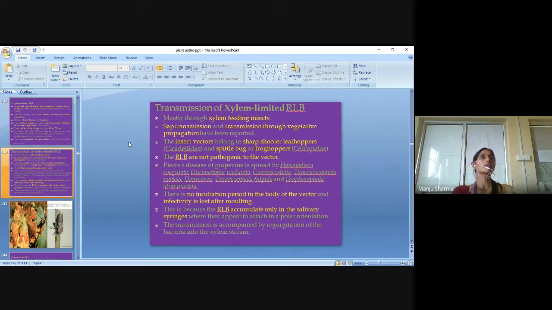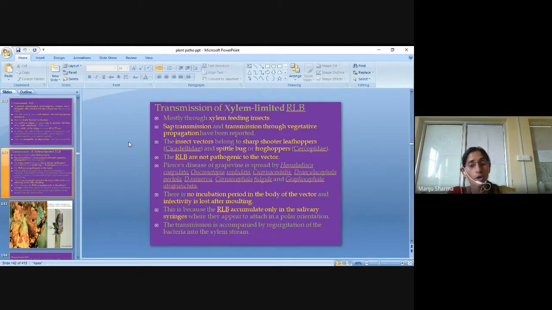Molting occurs at a particular stage in which the animals break down their outer covering or undergo some changes.